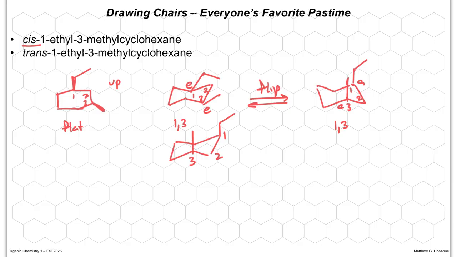So from that perspective, I've drawn the diaxial conformer. And when that ring flips, we would now get the di-equatorial. So you end up with the same structures, it's just your frame of reference, depending on how you number it, changes.